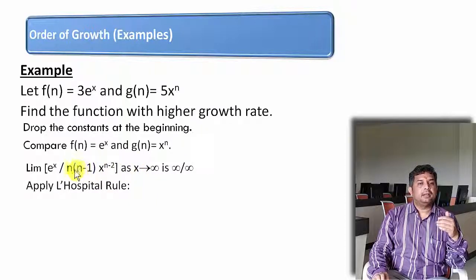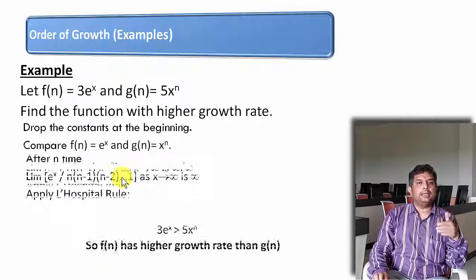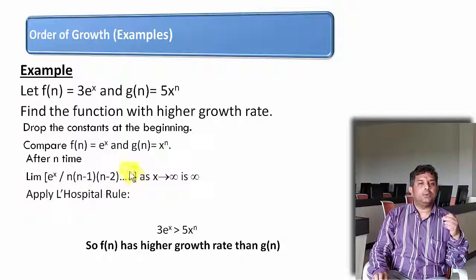The second time, e to the power x remains the same and the denominator will be n into n minus 1 x to the power n minus 2. If we continue like this, after some time the denominator becomes 0 and the value of the limit as x tends to infinity will be infinity. So 3 e to the power x will be greater than 5 x to the power n. So we can conclude that Fn grows faster than Gn.